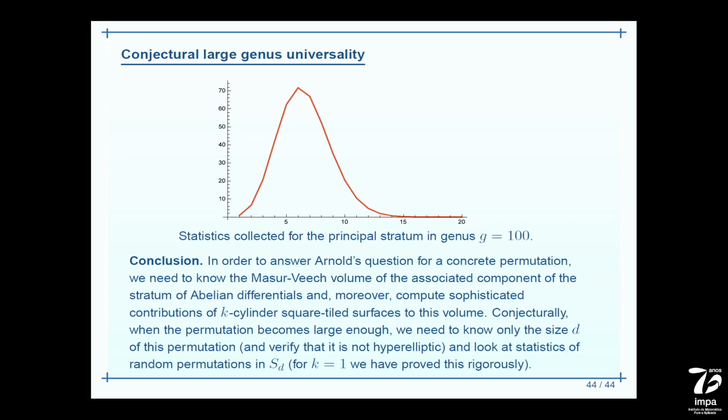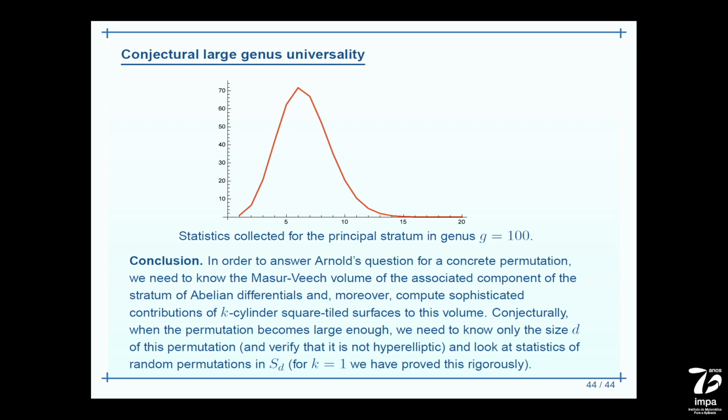So the conclusion of all this is the following, and it's more or less all the philosophy of this story. You try to understand the structure of some objects like square-tiled surfaces, multi-geodesics. You get nice formulas. You can apply them to small genera, but starting from some point, the tables become unbearable.